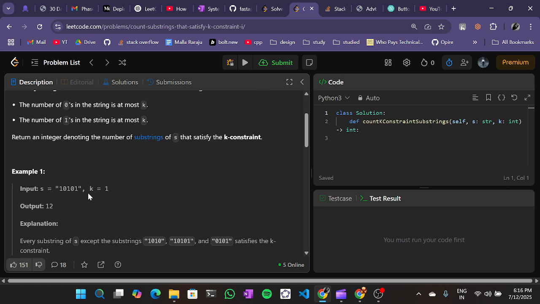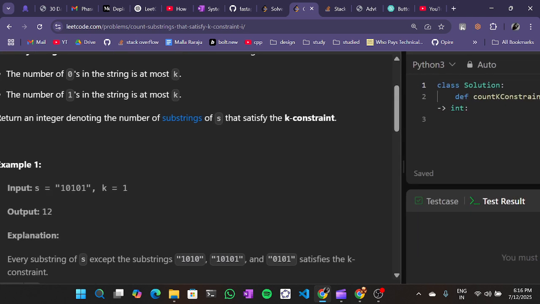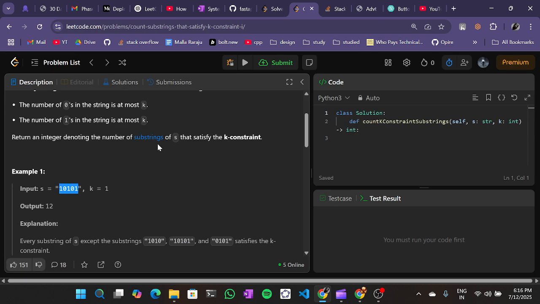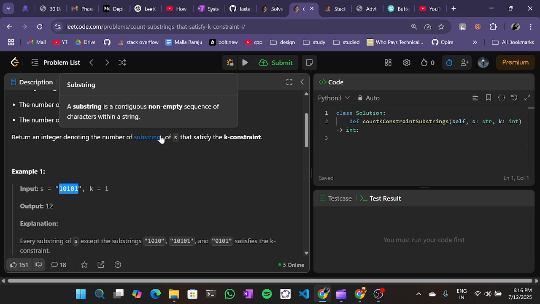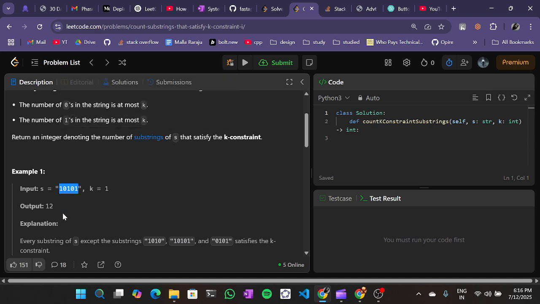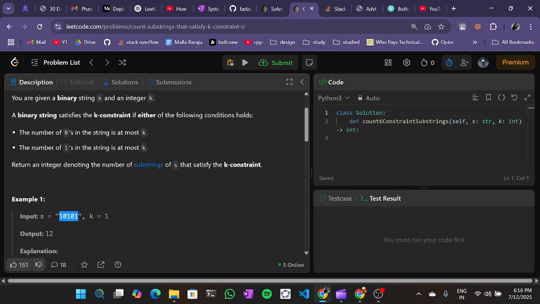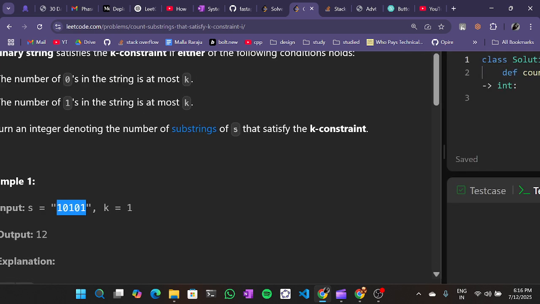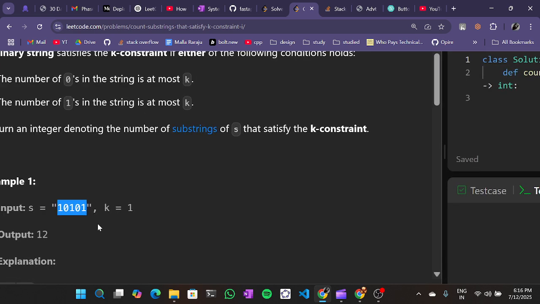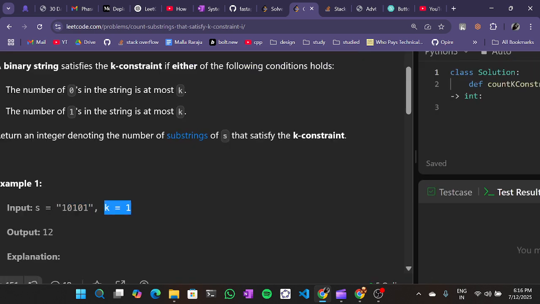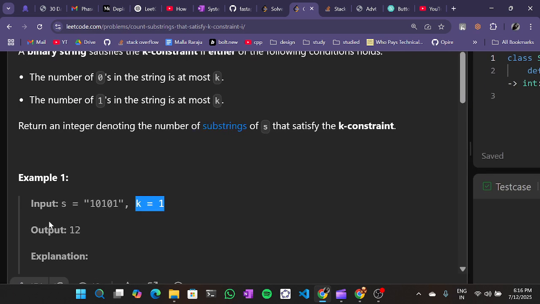Here we have to take the substrings, which are a contiguous sequence of the binary string. There should be at most one zero or one.